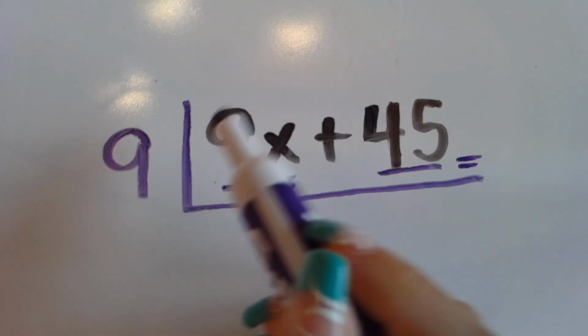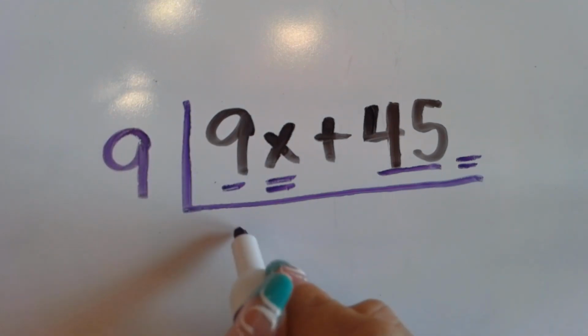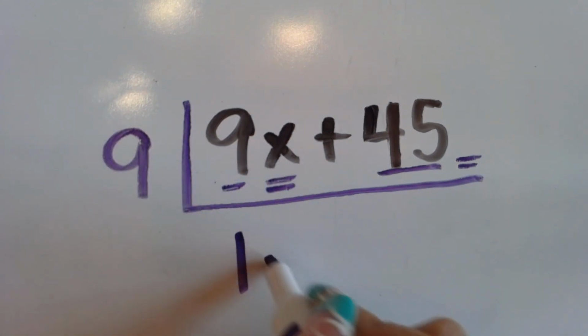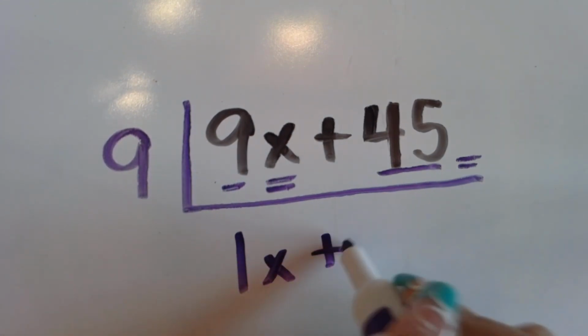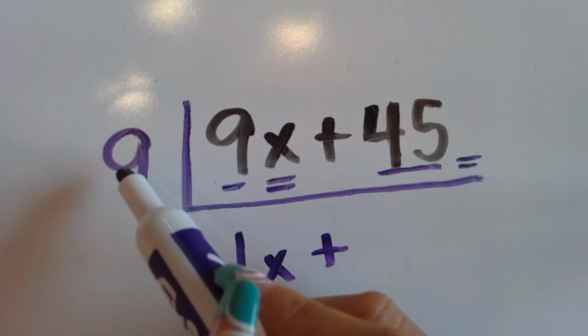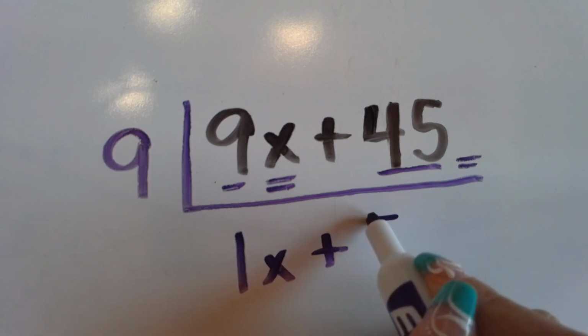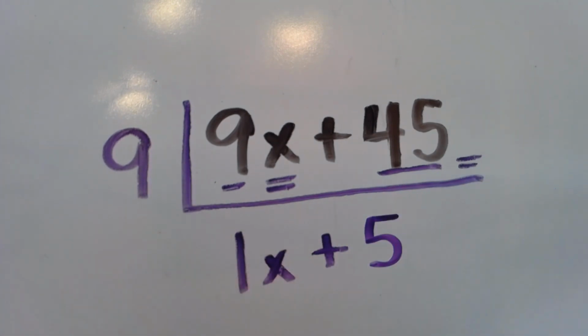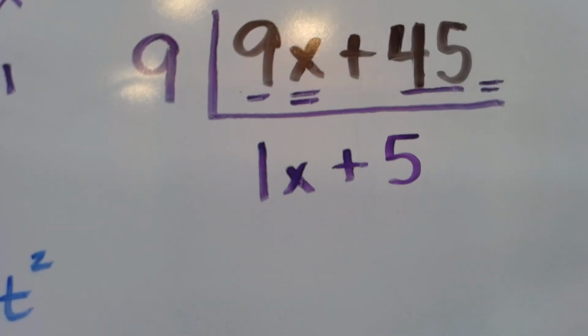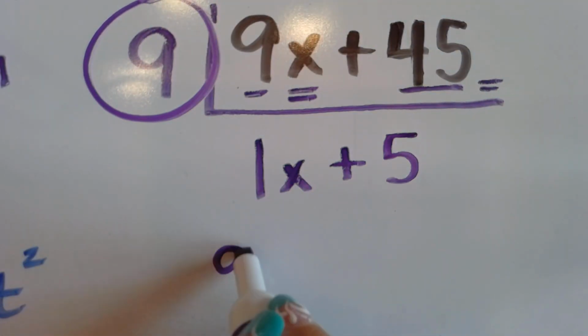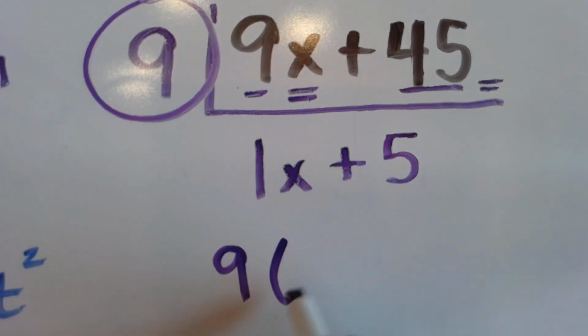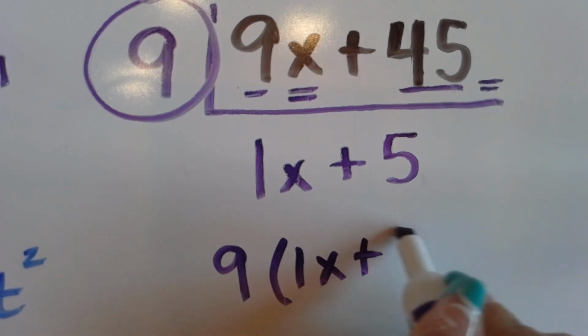So we're going to leave them. 9 divided by 9 is 1, and we're going to pull down our x, plus 45 divided by 9 is going to be 5. So let's write our final answer. Make sure that you pull this 9 out in front, 9 times, and whatever's right here, 1x plus 5.